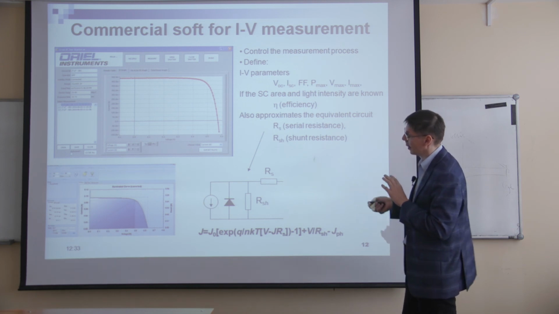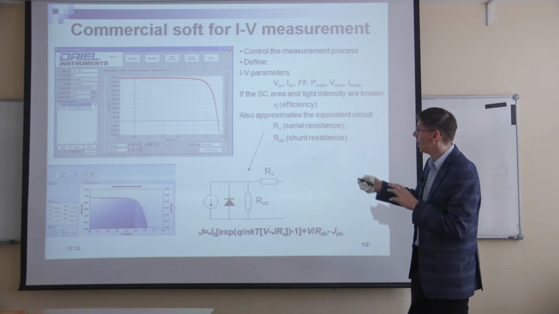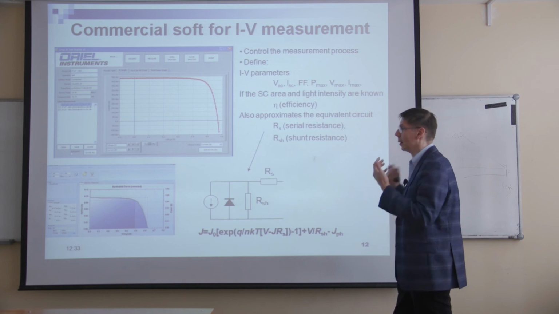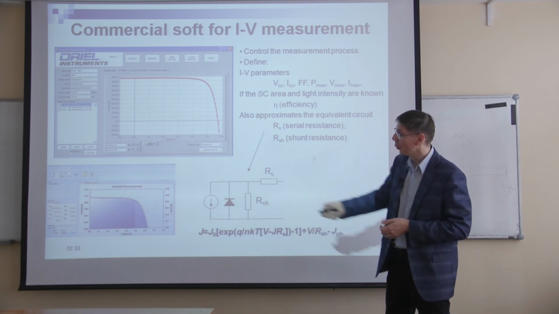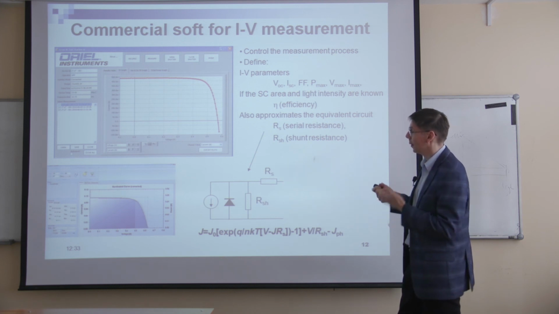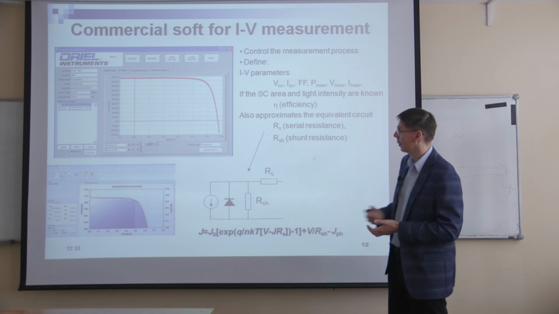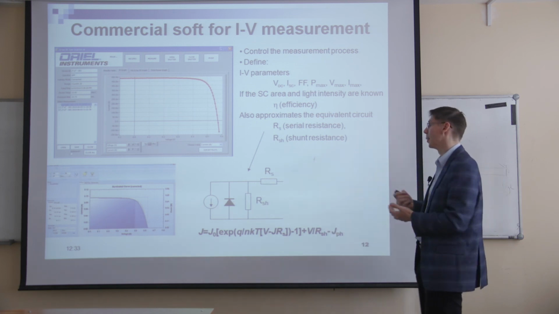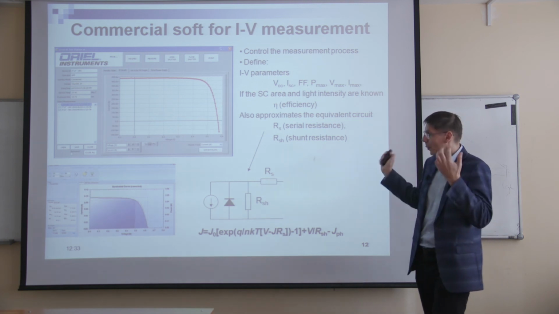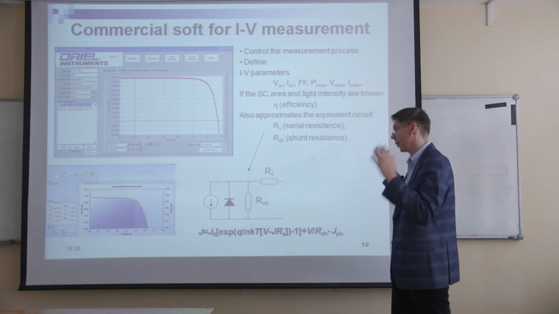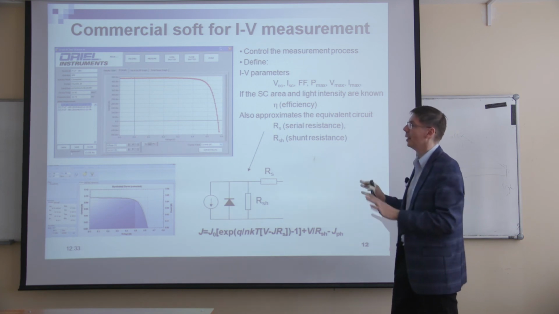But you have to realize that these values, which can be approximated from the IV curve, correspond to the simplest equivalent circuit, the one diode equivalent circuit. It could correspond to some series resistance and a shunt resistance.